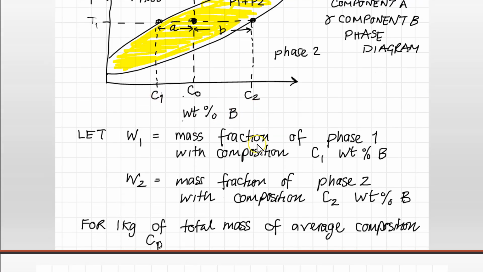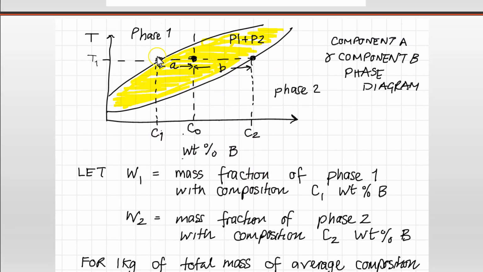So this is called the lever rule, where the weight fraction of phase 1 is going to equal this length B divided by the total length of the tie line. Similarly, the mass fraction of phase 2 is going to equal this length of the tie line A divided by the total length of the tie line.